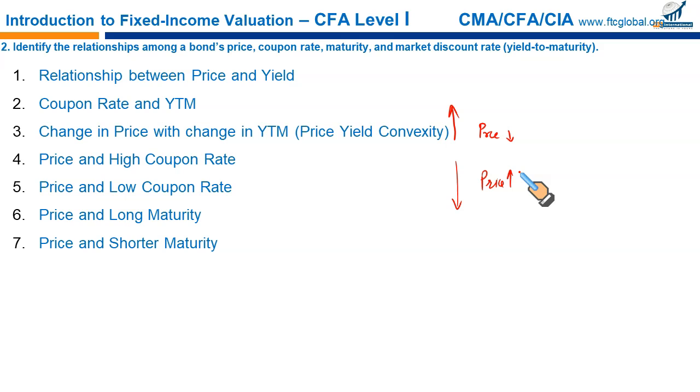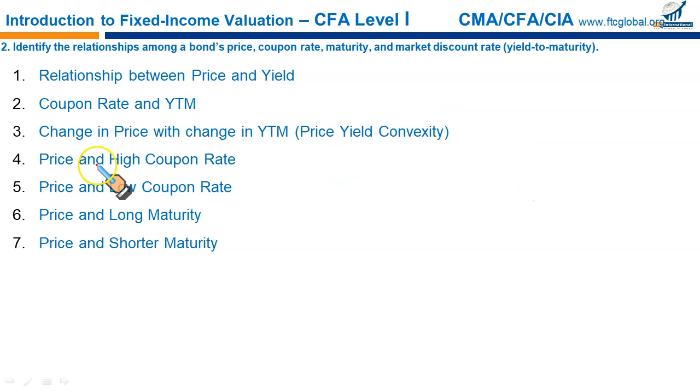Now, the price-yield convexity suggests that the percentage decrease in price of the bond when the YTM increases is lower compared to when the YTM decreases, when the increase in price would have a higher percentage.